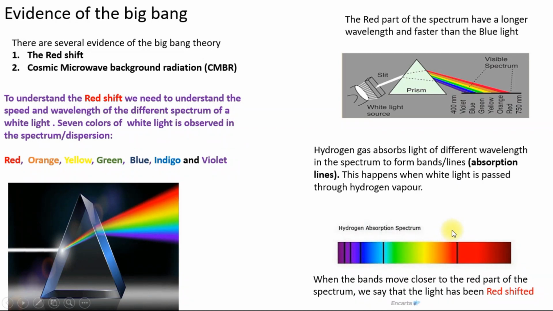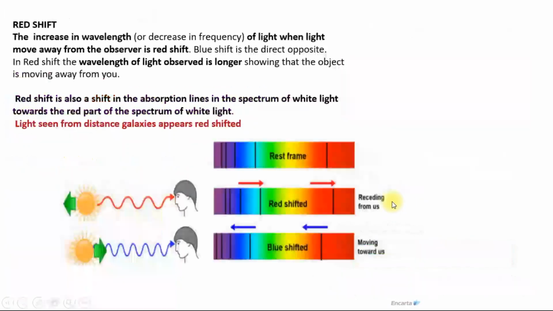These are actually bands, the regions where hydrogen vapor absorbs light or colors of wavelengths that are associated with the region. When the bands move towards the red end of the spectrum, we say that the light has been red shifted. Now what then is redshift?